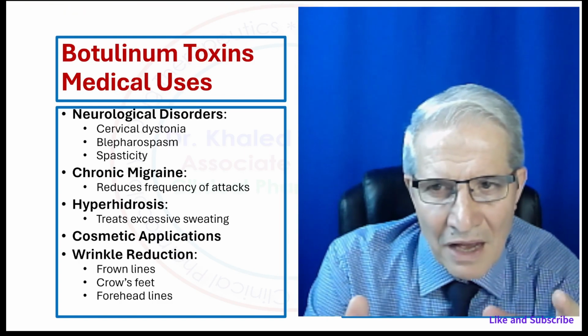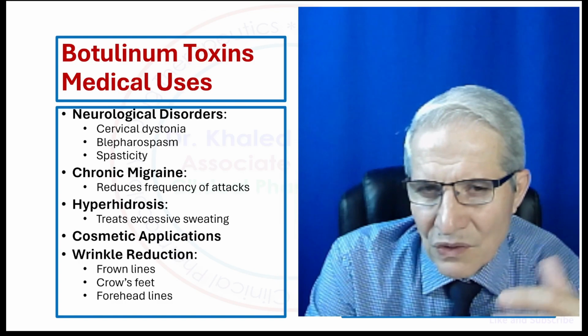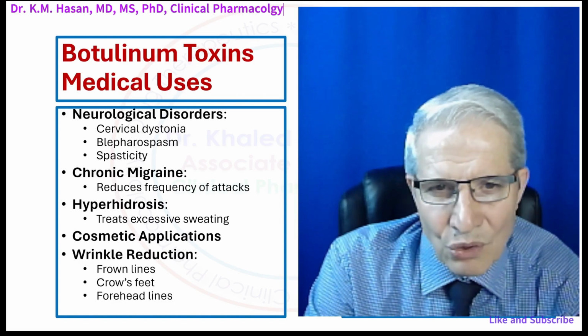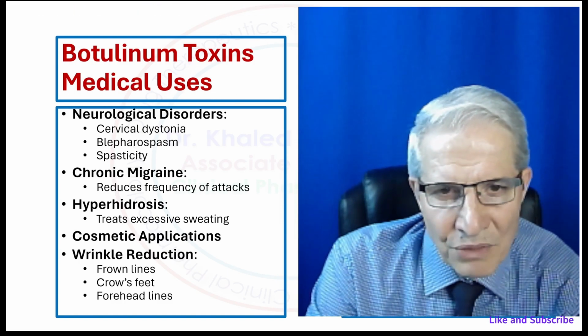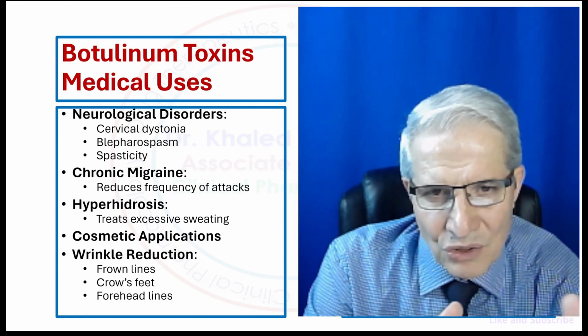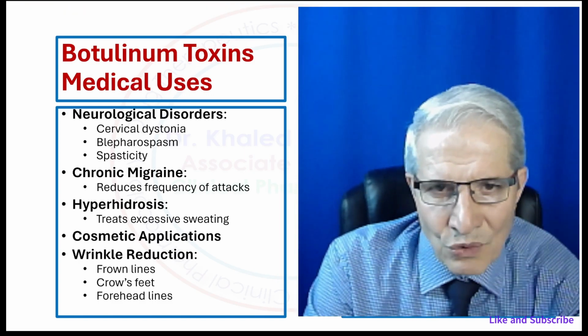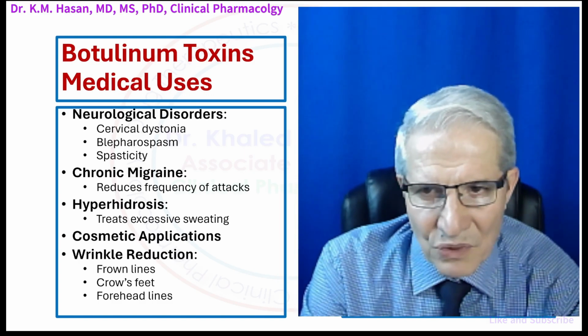Spasticity, from lesions or diseases of the central nervous system, such as multiple sclerosis, cerebral palsy, or stroke, where the patient suffers from spasm or spasticity. We can use botulinum toxin for this purpose.